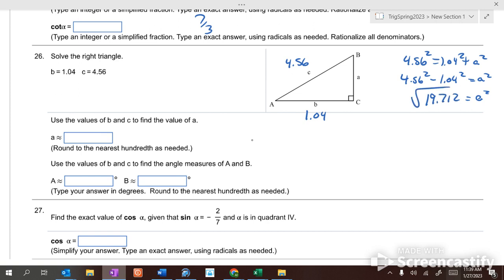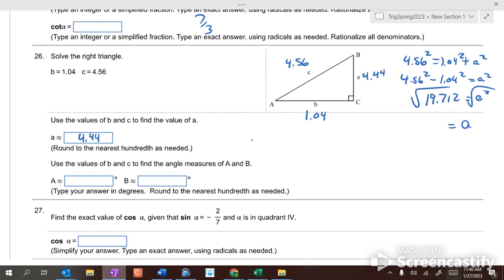And then we take the square root of each side. So A equals the square root of 19.712, which is 4.439, so 4.44.